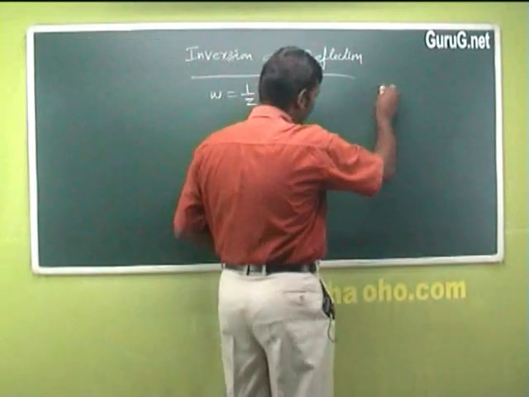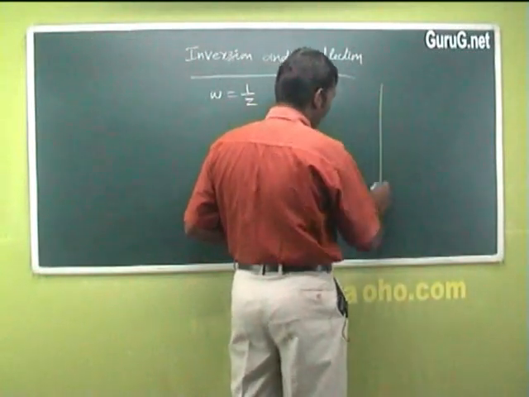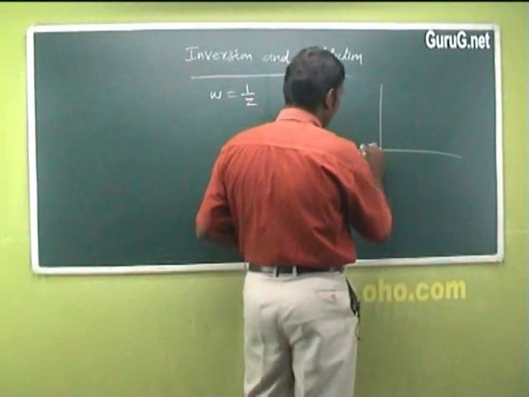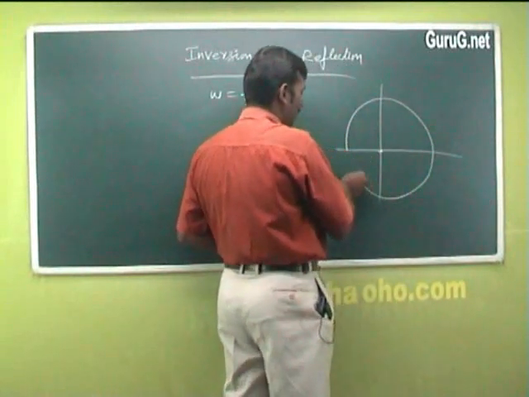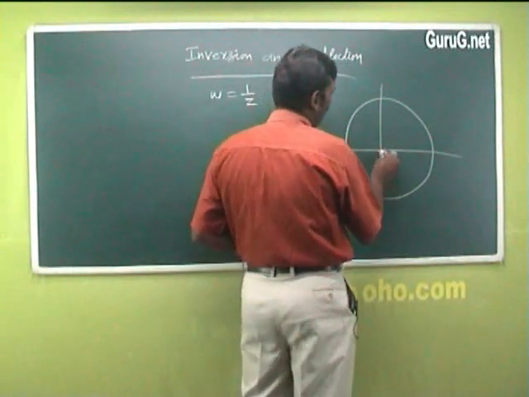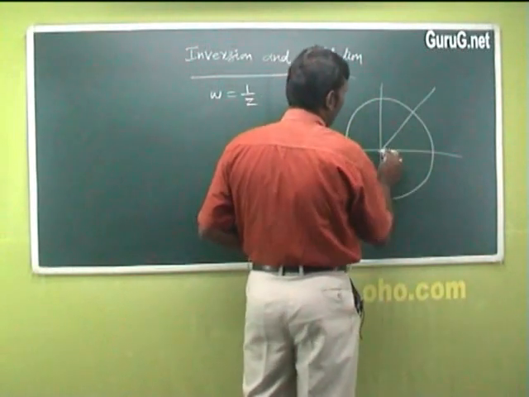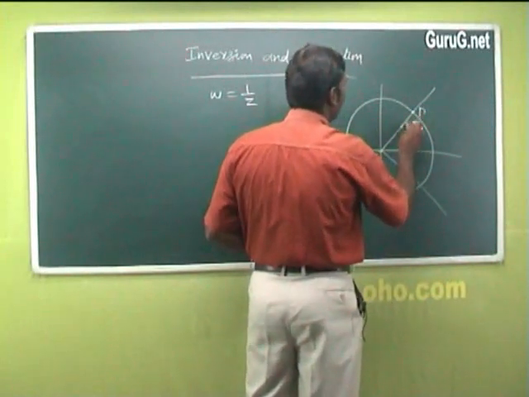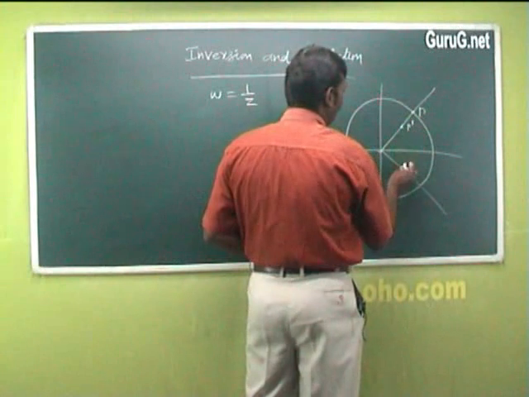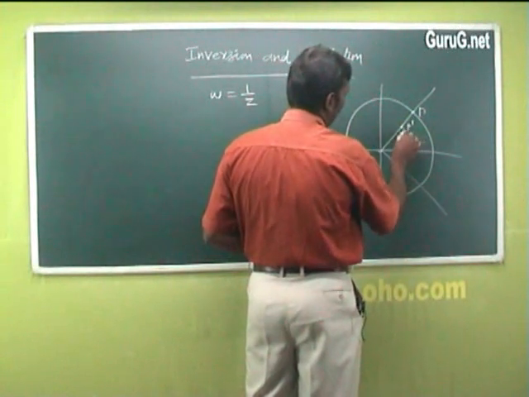Suppose this is the unit circle, and this is P and this is P dash. This one is 1 by R comma theta.